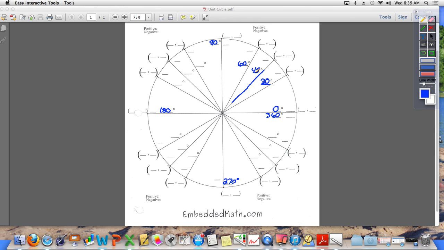All right. Now if we're up here at 90 and we continue to rotate counterclockwise, we're going to rotate another 30 degrees, which would put me at 120 degrees. Rotate another 30 degrees, that would put me at 150 degrees, and then halfway between 120 and 150 would put me at 135 degrees. Is this coming back to you guys?